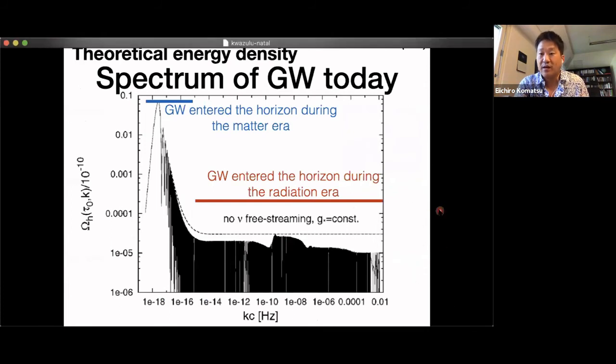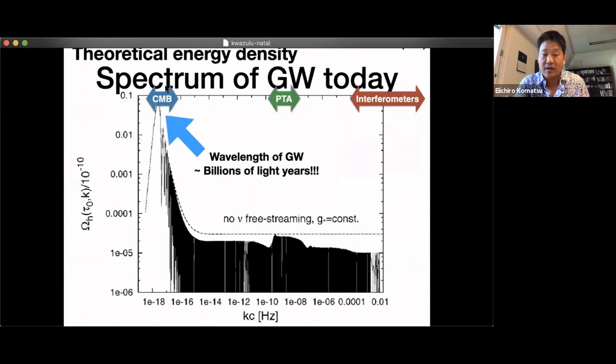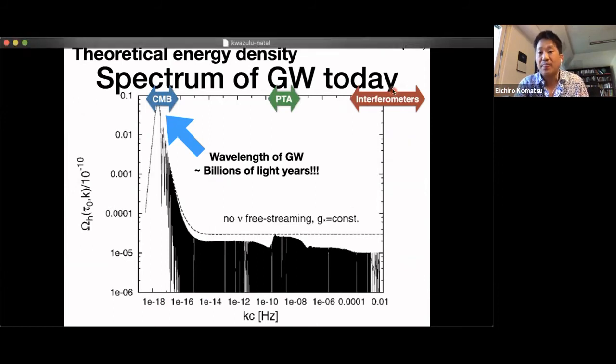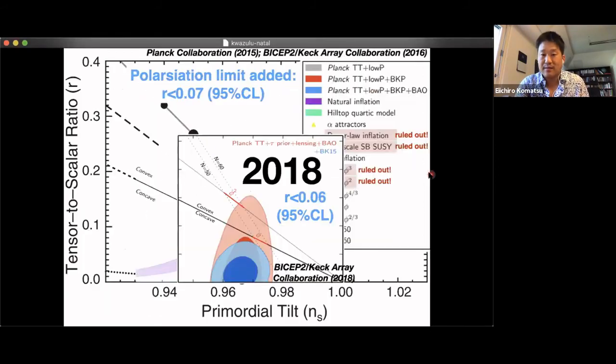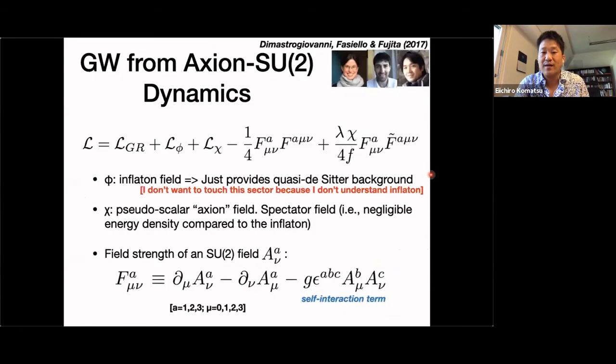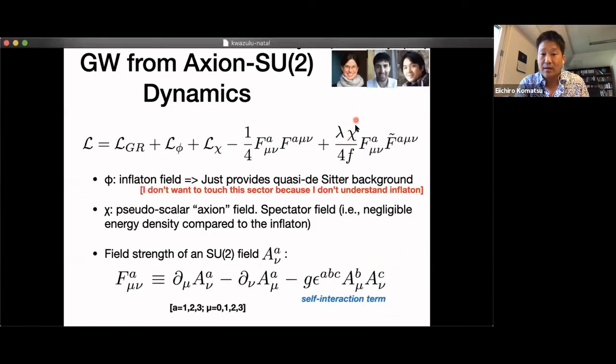So not CMB, CMB will be here, but with other technologies, we might be able to detect gravitational waves coming from the reheating, preheating. That would be cool. But another thing is that this is much more indirect, but when you have a scalar field coupled to gauge fields, for example, these gauge fields can produce.